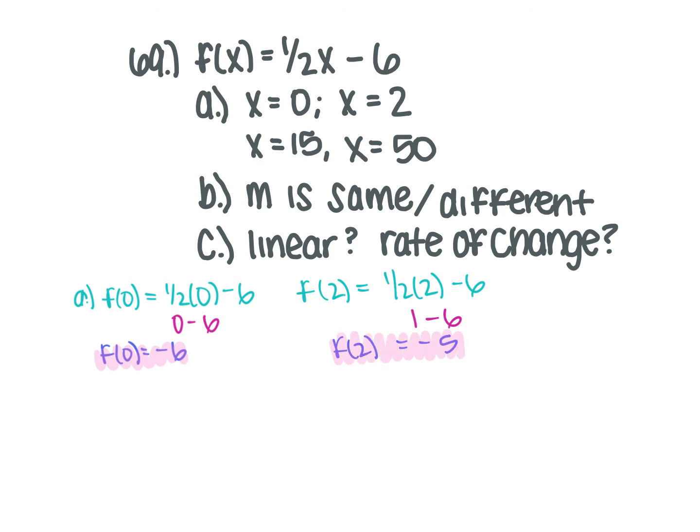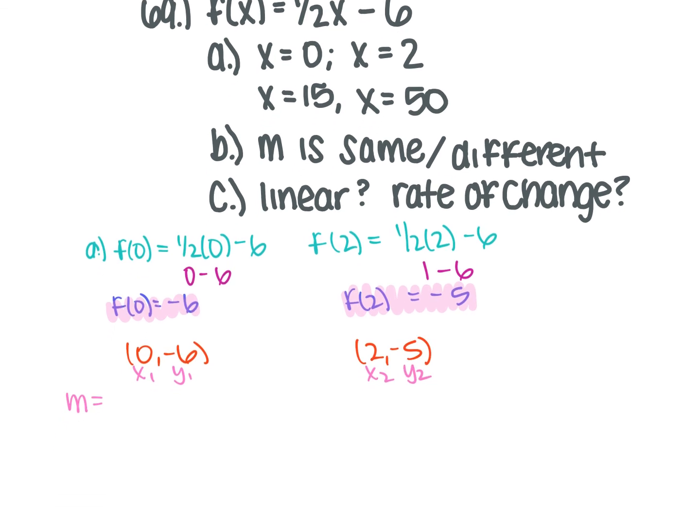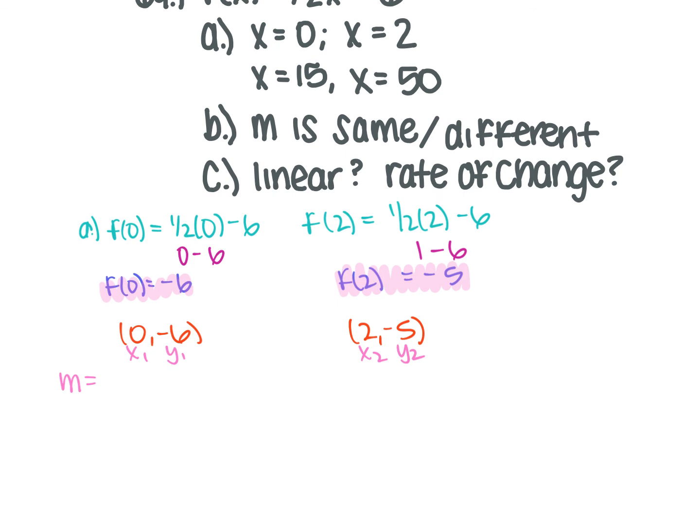From here, find your average rate of change between the two. So you're going to use the ordered pair 0, negative 6, as well as 2, negative 5. So we're going to use x1, y1 as 0, negative 6, and x2, y2 as 2, negative 5. So then we're going to have negative 5 minus negative 6 over 2 minus 0.